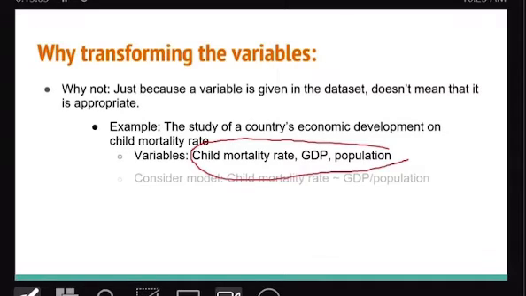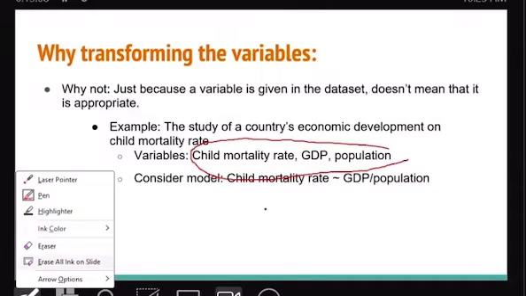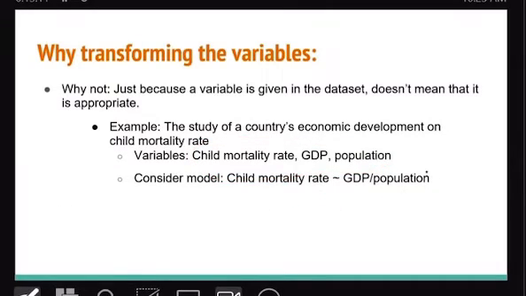Now I need you to take a look at this. If in my model I consider child mortality rate on GDP only, there are different kinds of GDP. Am I talking about GDP per capita? Look at what I am doing here.